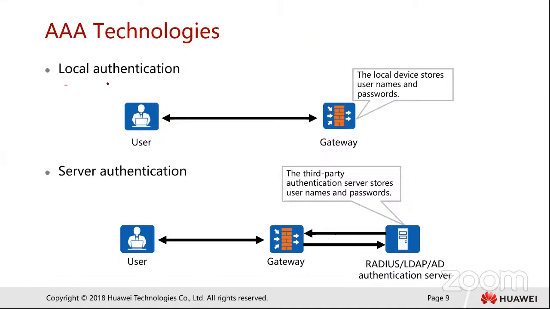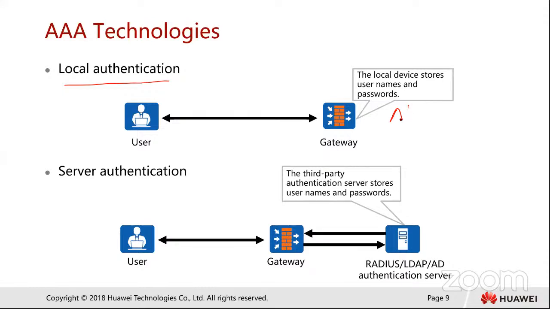users. The other one is local authentication. With local authentication, basically, it configures users' information, including the username, the password, and the attributes of the local users, on a network access server.